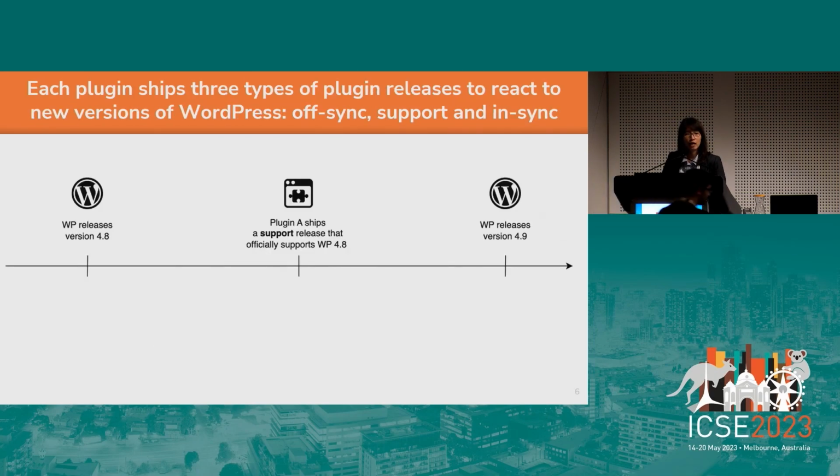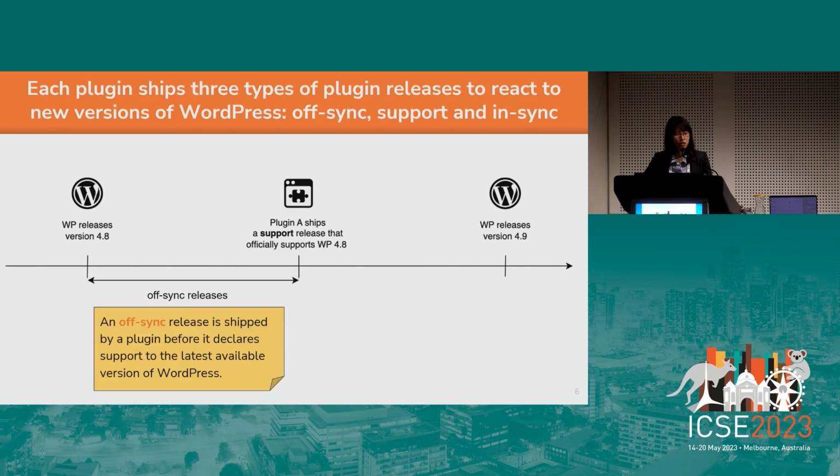So we identify three types of plugin releases that plugins use to react to a new version of WordPress, which are off-sync releases, support releases, and in-sync releases. As we could see in the plot, when WordPress releases a new version, for example, 4.8, a plugin will release a support release after a certain period that clearly supports WordPress version 4.8.